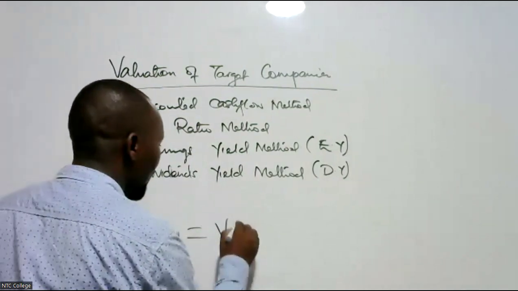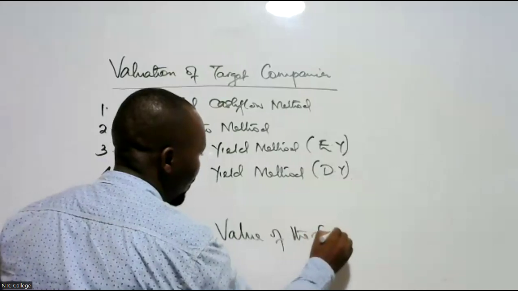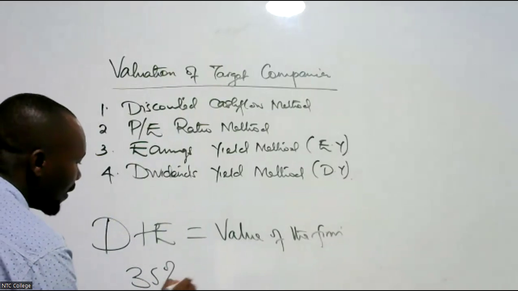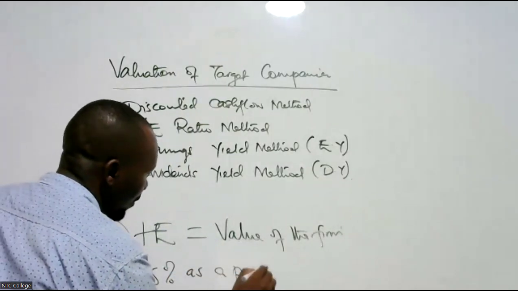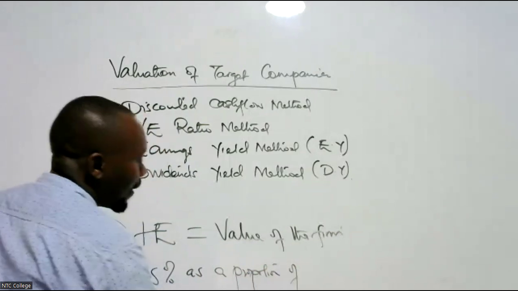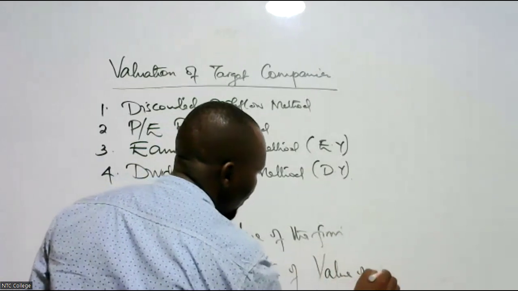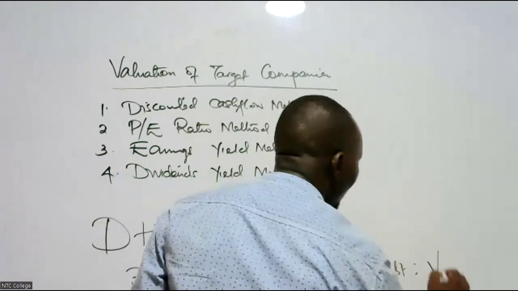Value of the firm. So you are told that 35% is as a proportion of the value of debt to value of the firm.